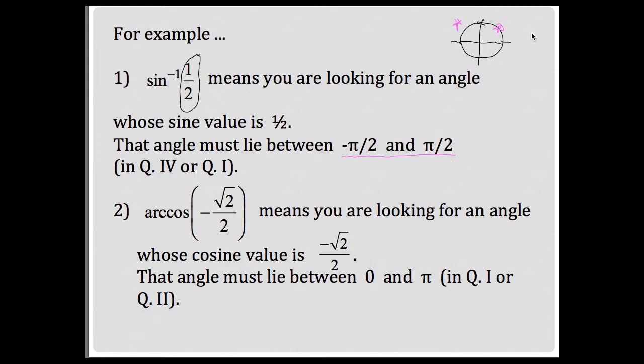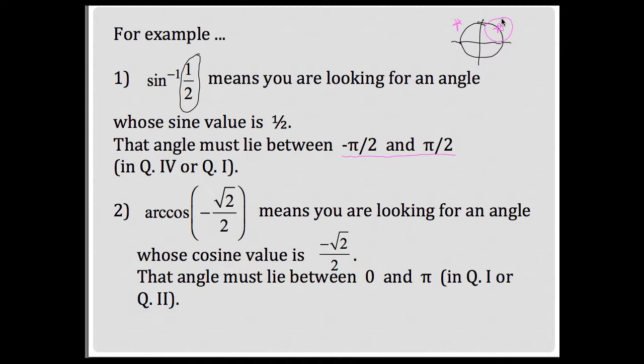Because of that, the only one answer we're going to get has to be up there in the first quadrant. We're not even going to think about the second quadrant answer. So in this case, your answer for inverse sine of a half is going to be pi over 6, because that's the angle in the first quadrant that has a sine value of a half. So you can see how you're using all your unit circle stuff and your ordered pairs. That's why you have to know those really well.